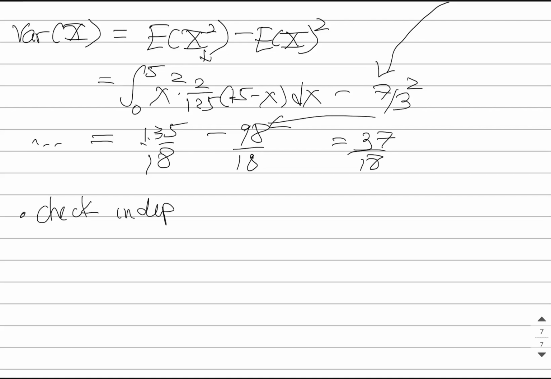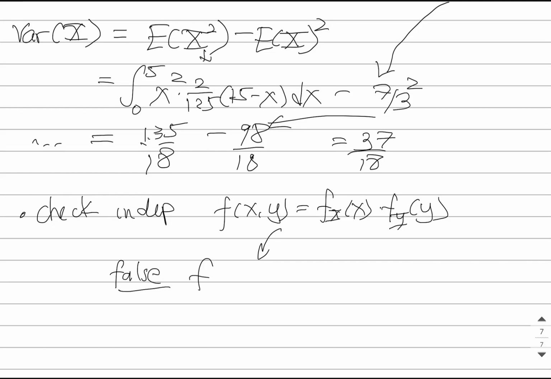And to check their independence, you would multiply together the marginal distributions for x and for y and show whether or not they were equal to the full joint density. And it turns out to be false for this example. They are not equal.